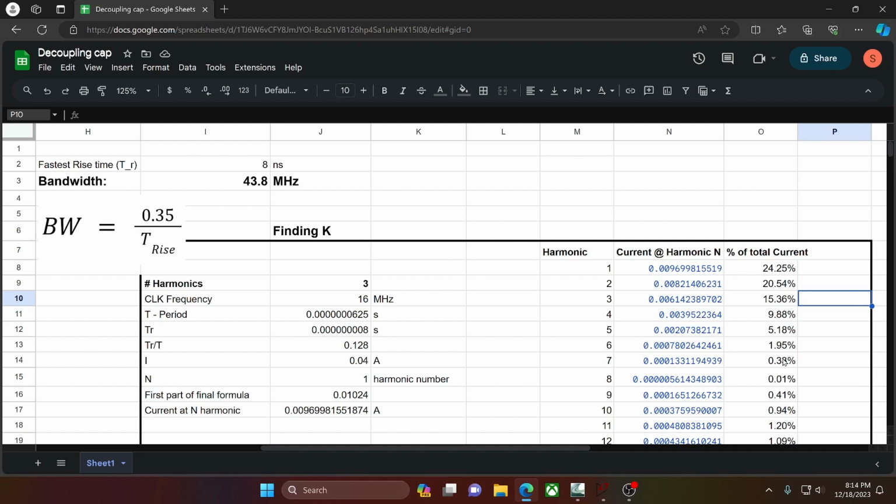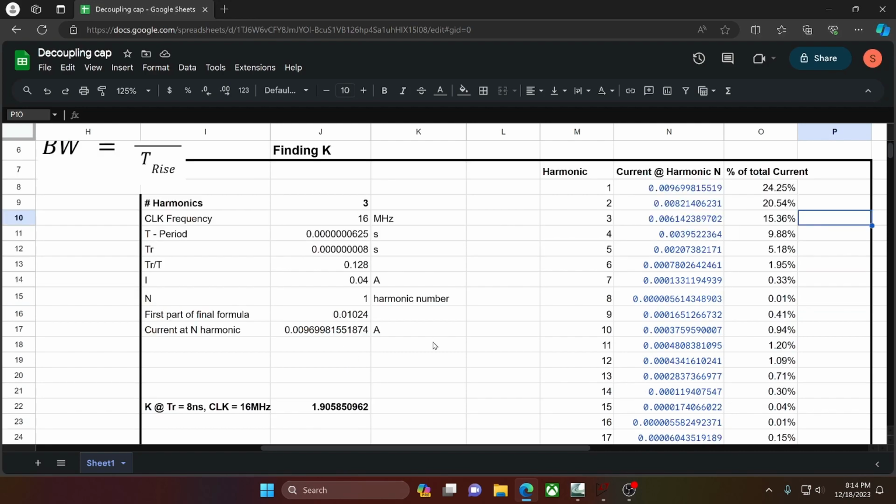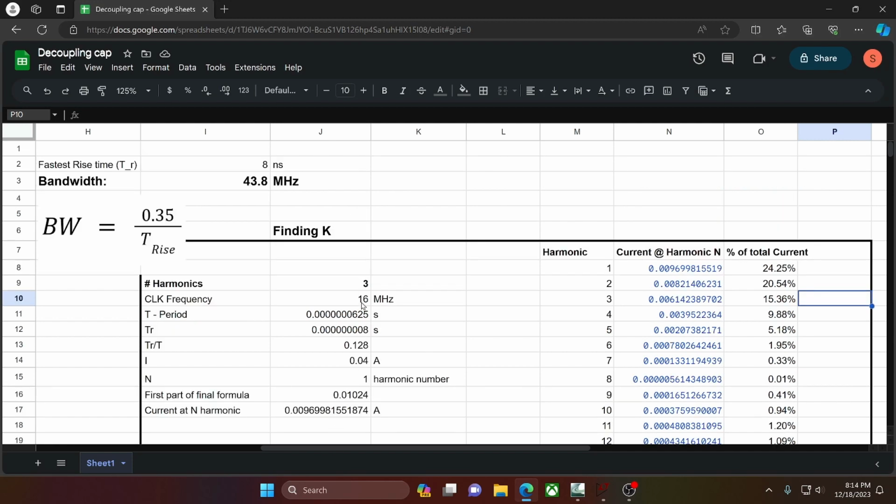It does, but it doesn't contribute much. So what I found out was that 2 was close, but not quite. What I found was 1.91. This assumes a 16 megahertz clock and 8 nanosecond rise time.